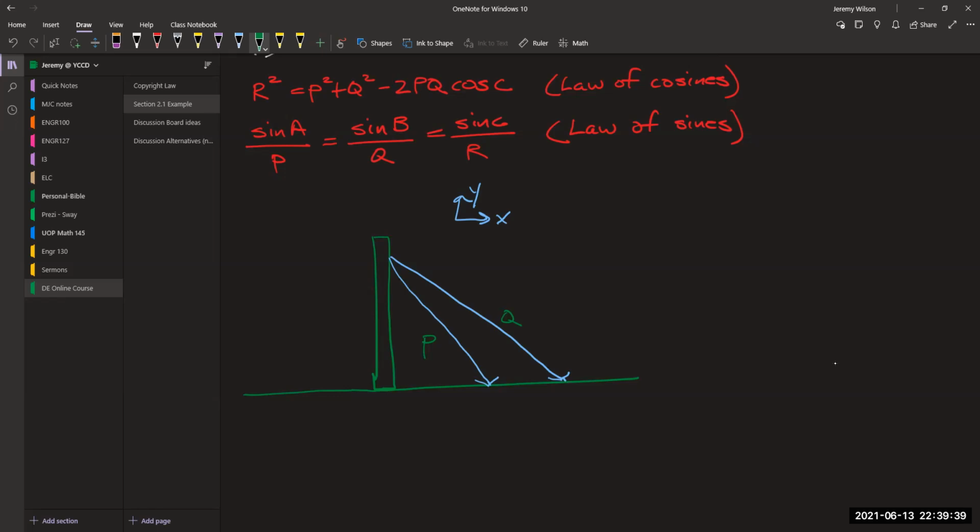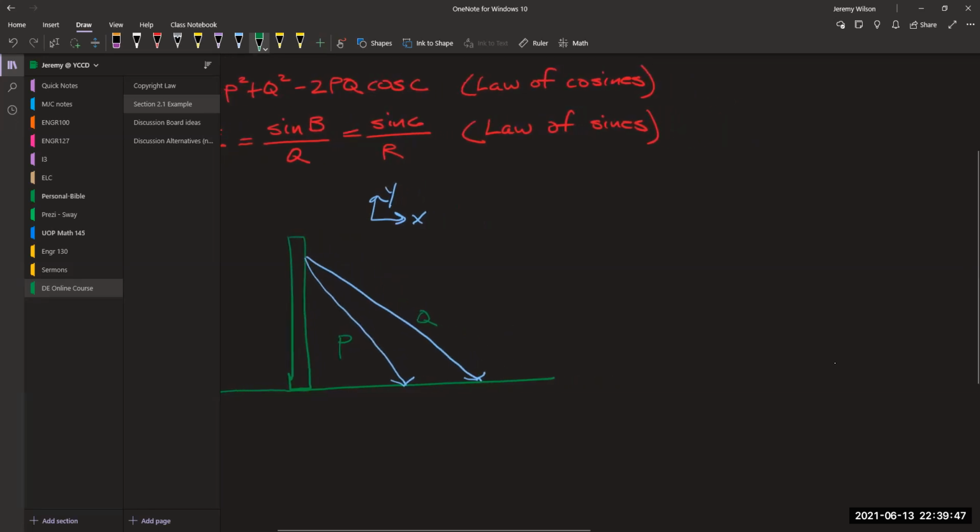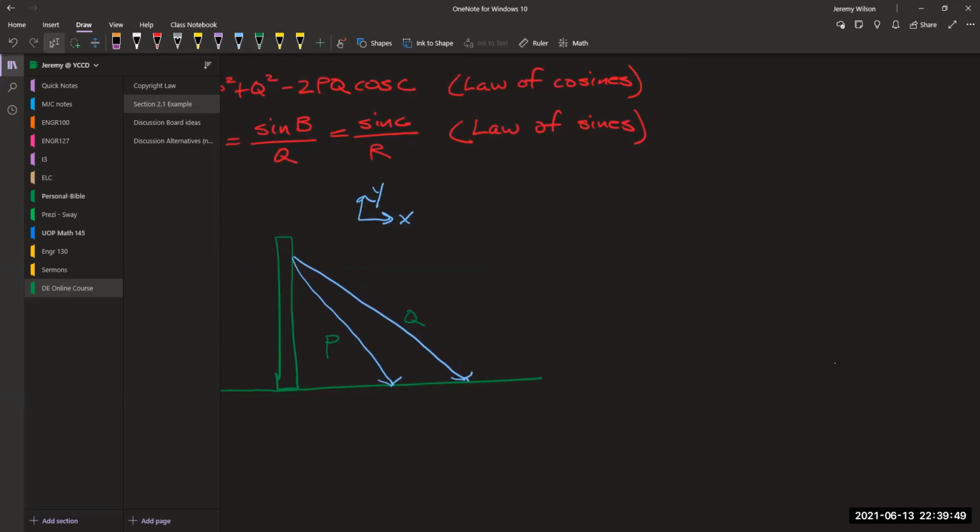Now, this is pretty close to a free body diagram, but just for completeness, I'm going to go ahead and draw a free body diagram. And it's not actually going to show all the forces. We're just finding a resultant force for the tension in lines P and Q. But if I were going to draw a free body diagram, again, it's going to look very similar.